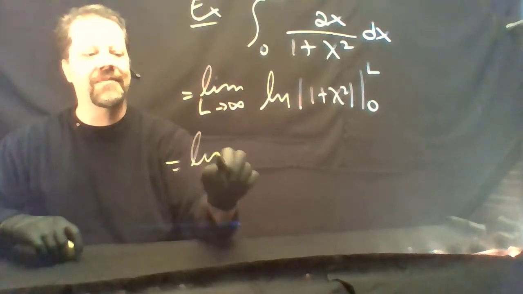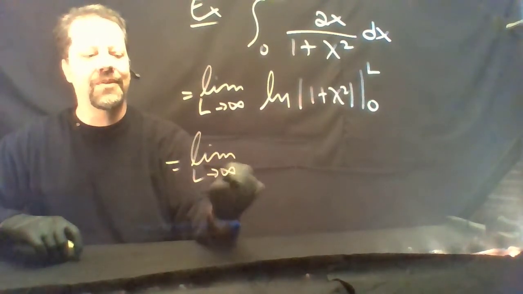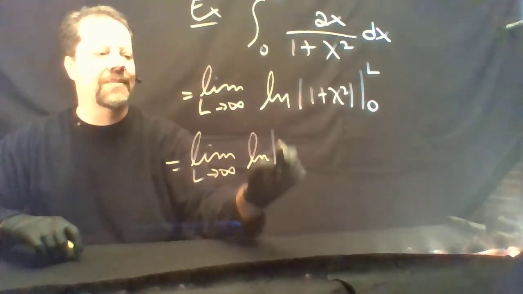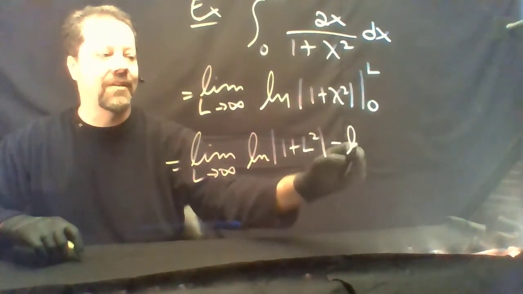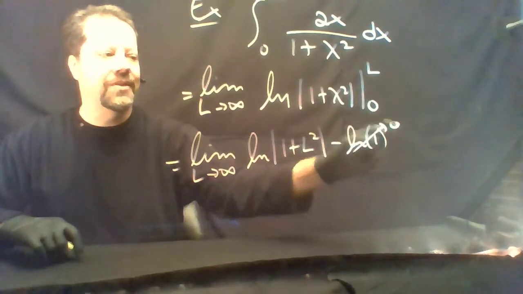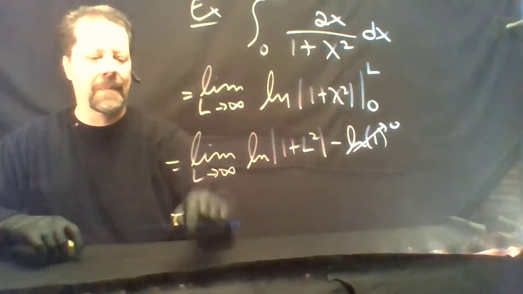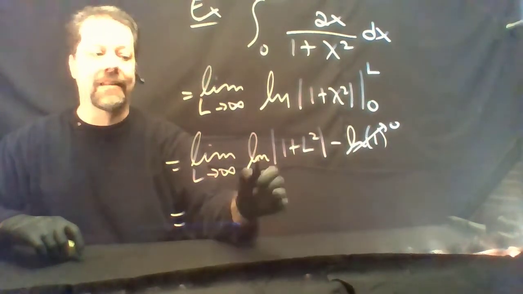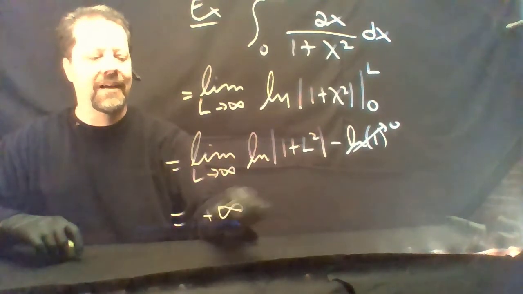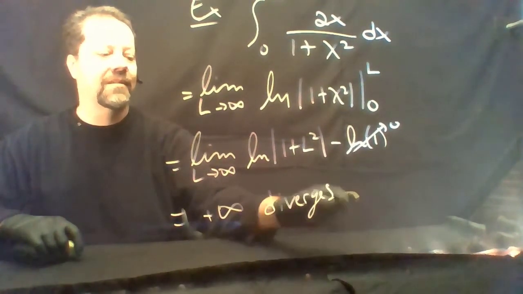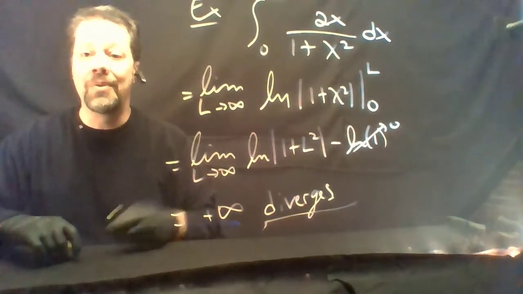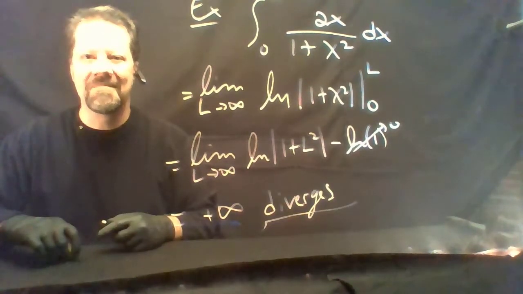We get the limit as L goes to infinity of natural log absolute value of 1 plus L squared minus natural log of 1, which is 0. As L goes to infinity, the log will blow up, and this integral diverges. It diverges to positive infinity.